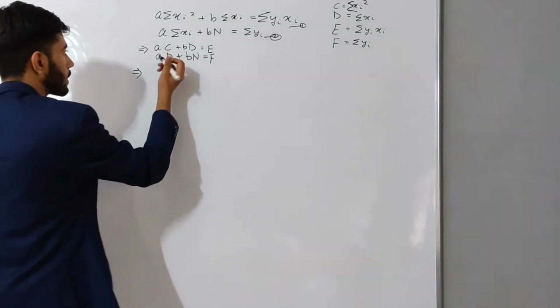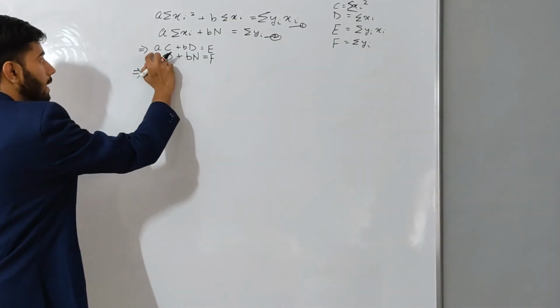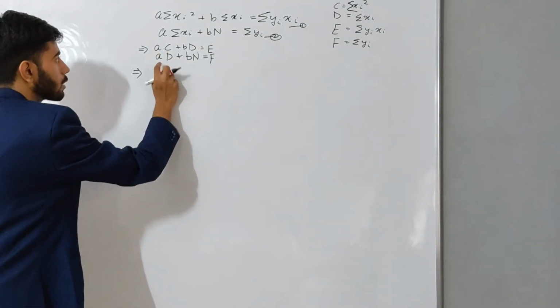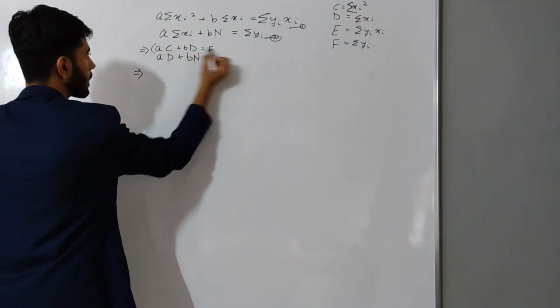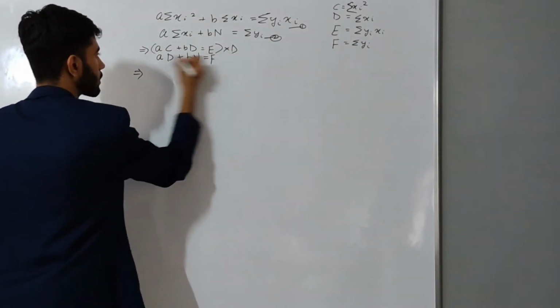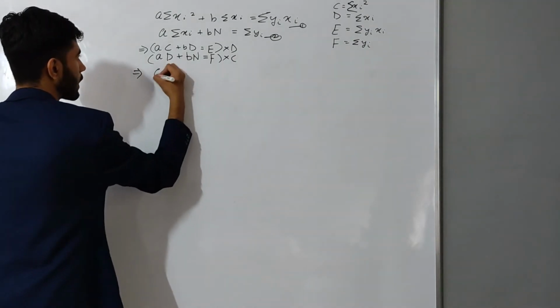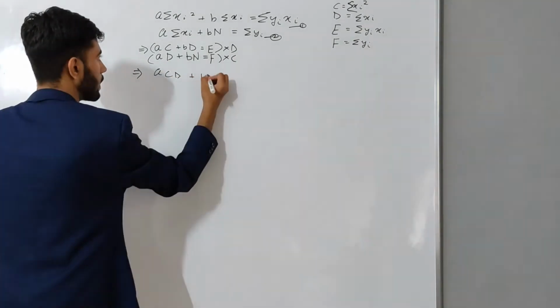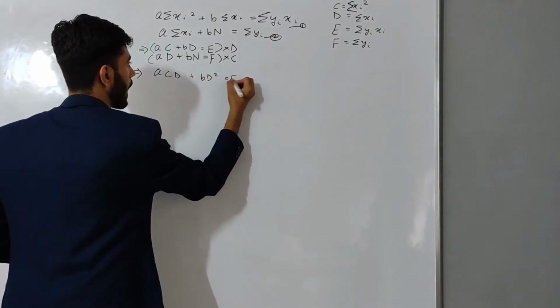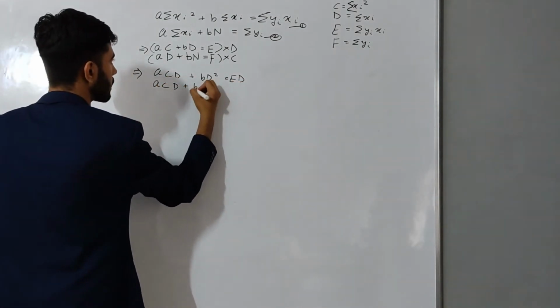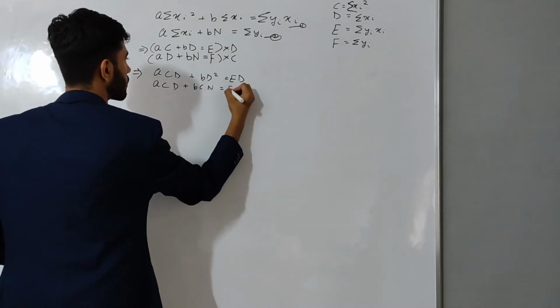Here you can see that with a I have c multiplied, and in the equation below I have d multiplied with a. So I'm going to multiply the first equation with d and the second equation with c, so that I get the new equations as acd plus bd square is equal to ed, and the equation below is acd plus bcn is equal to fc.